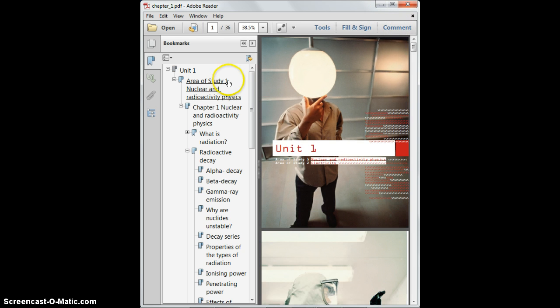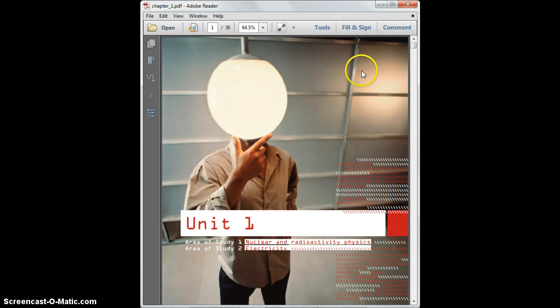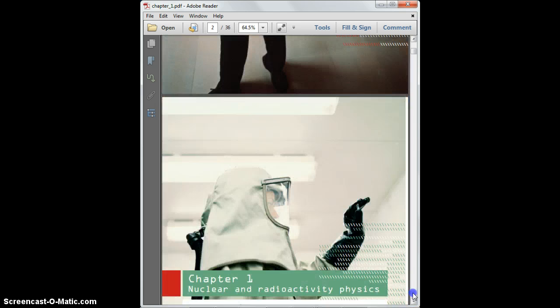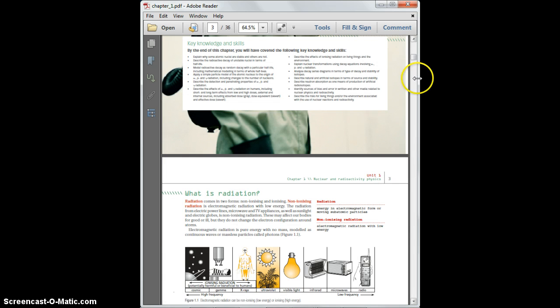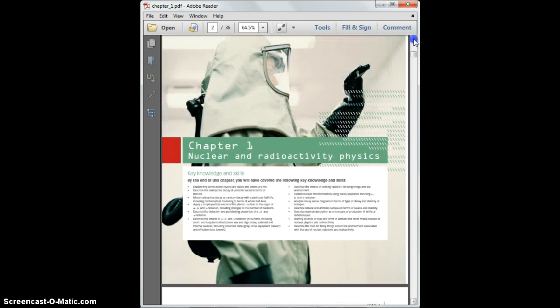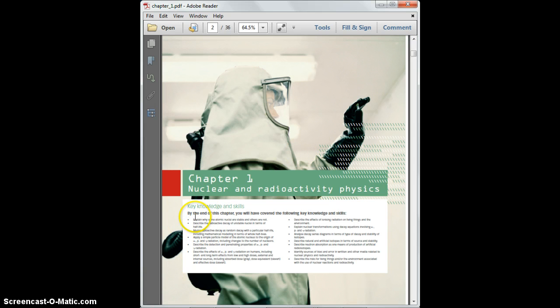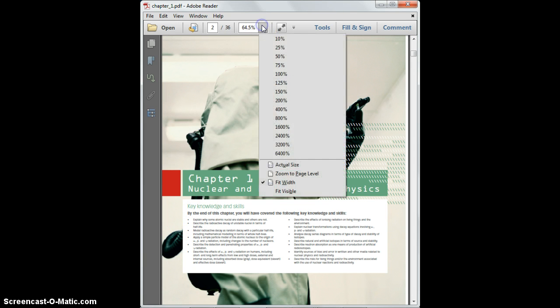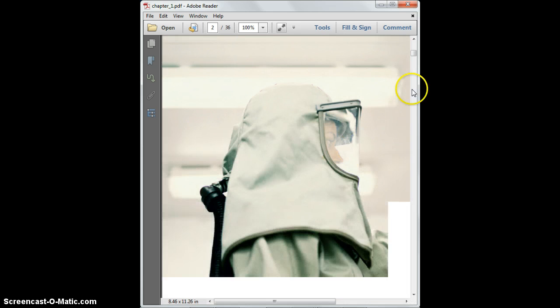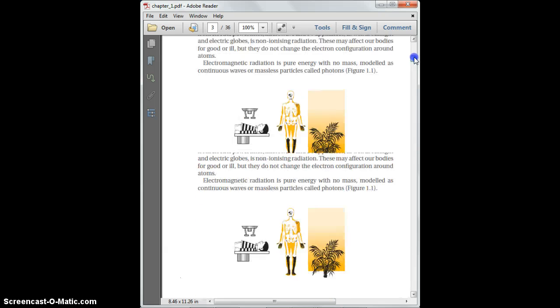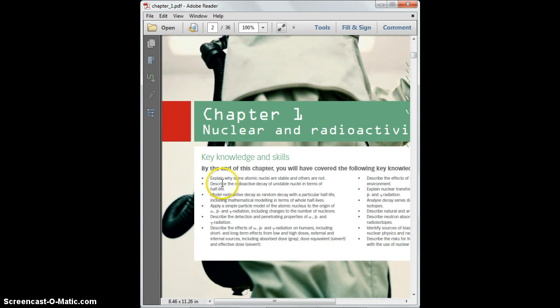Yeah, that worked a bit faster, didn't it? Get rid of the bookmark so we can see Unit 1. And down the bottom here are our dot points. Here they are down here. So I'm going to zoom in on them a little bit so I can see them a bit better. Let's try 100%. Whoops-a-daisy, too far. There we go.